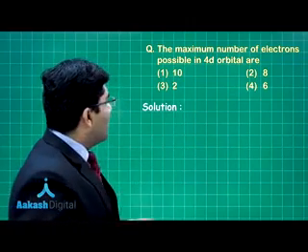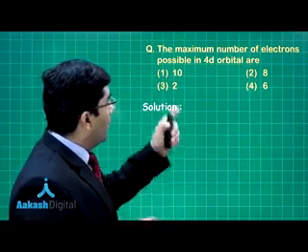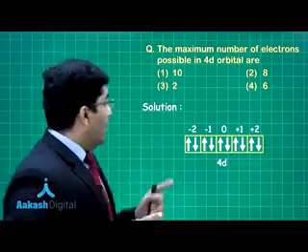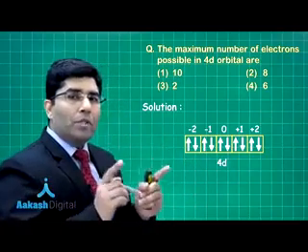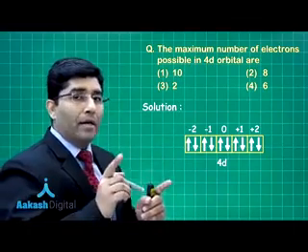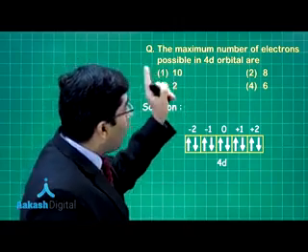And the solution is, we are talking about 4d orbital. Now this is 4d subshell. This complete is 4d subshell, and the number of electrons possible in 4d subshell is equal to 10. And he is asking about 4d orbital.